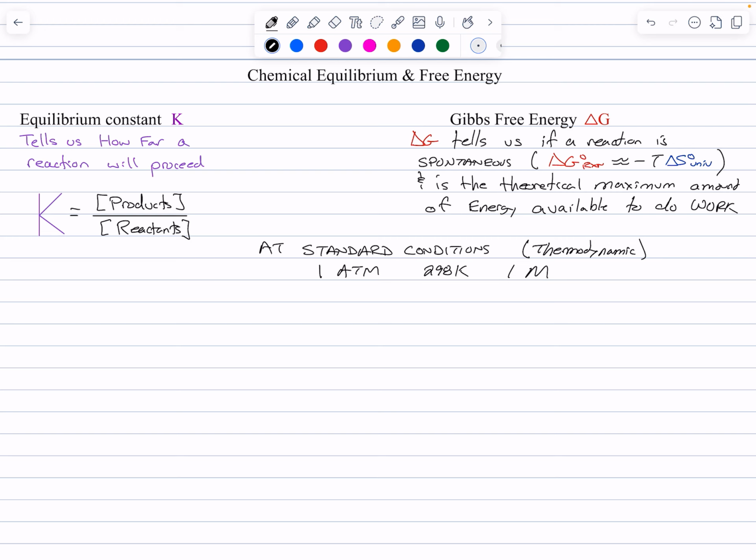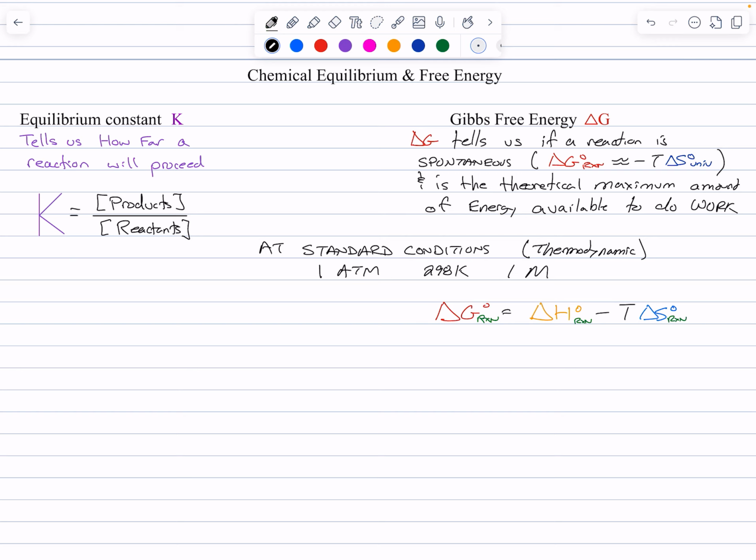Now, delta G equals delta H standard, and this is all for the reaction, or system, however you want to put it.